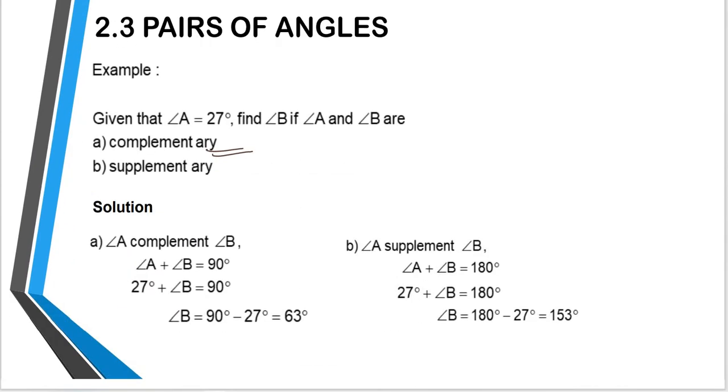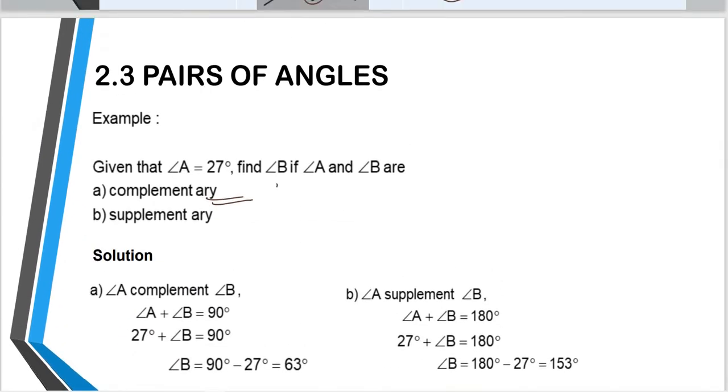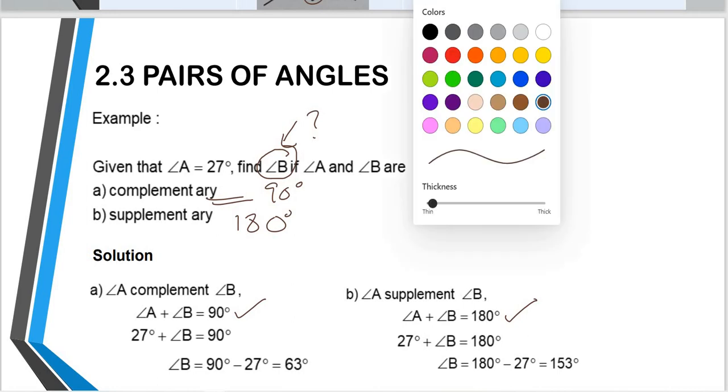So if A and B are complementary, A plus B must equal 90. If they are supplementary, A plus B must equal 180. The question says find B. This is our question. What is our B? They only gave A, 27 degrees. Let me change the color so it's not boring.